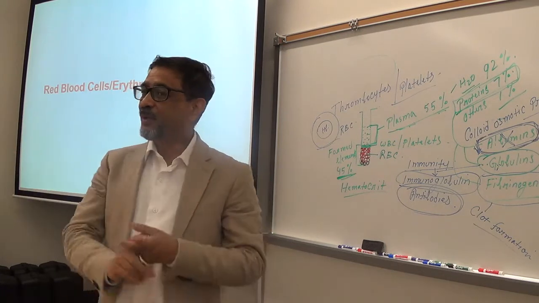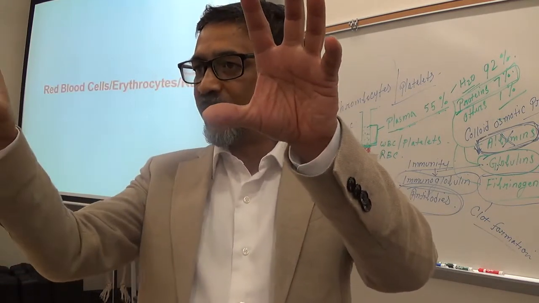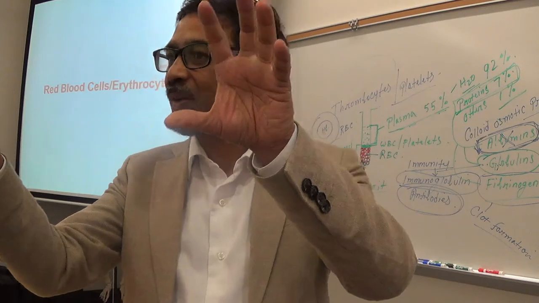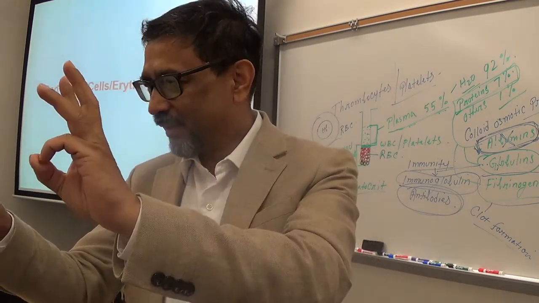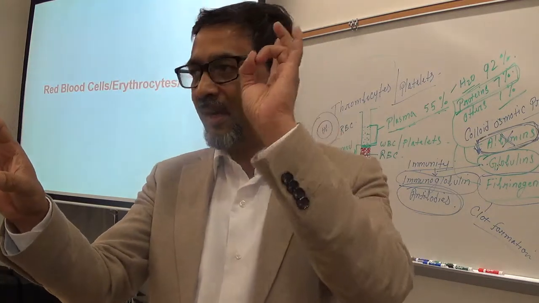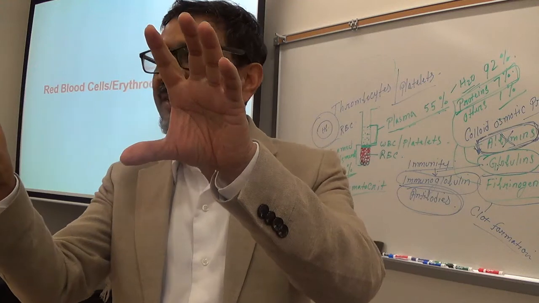So if I ask you the 3 important changes that occur during the maturation of a red blood cell, what are those 3 changes? Disappearance of the nucleus, appearance of hemoglobin, and the cell size gets smaller, or reduction of cell size. Okay.